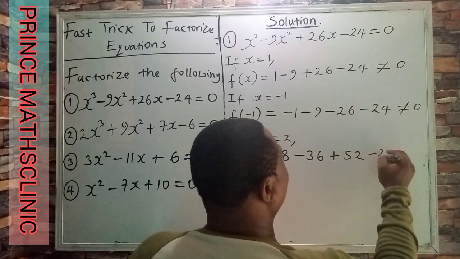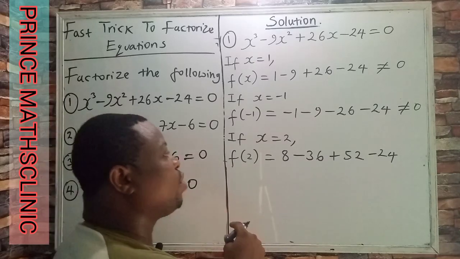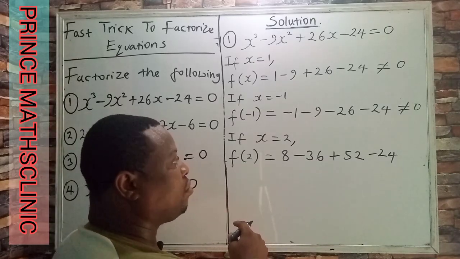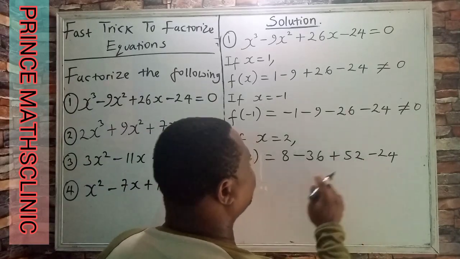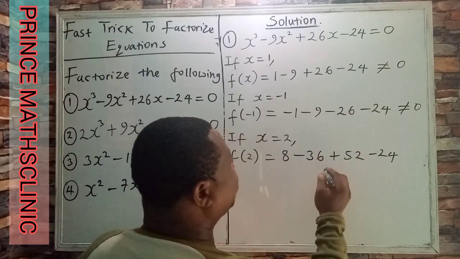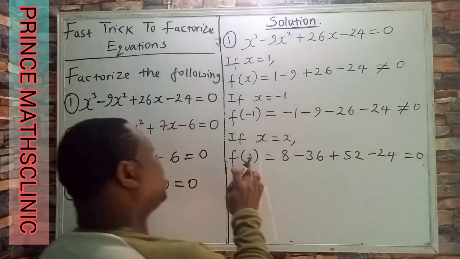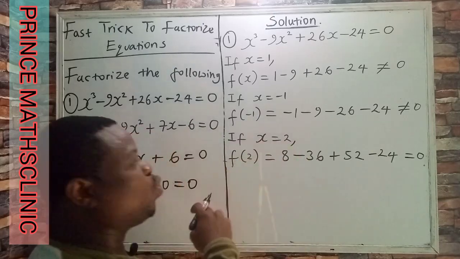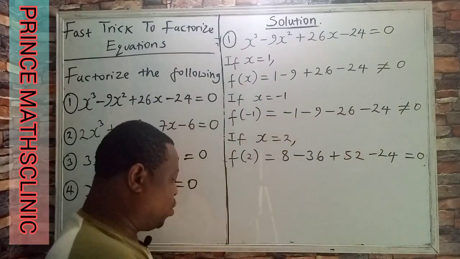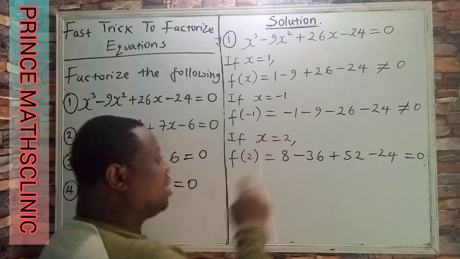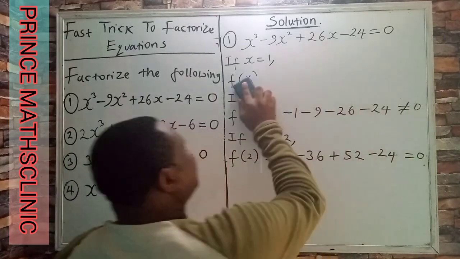Then minus 24. So if you do 8 minus 36, you get negative 28. Now, negative 28 plus 52 will give us 24. And 24 minus 24 will give us what? 0. So it then means that it is when x is 2 that we are going to get this to be 0. So now that we have known that the right value for x is 2, here is the trick.